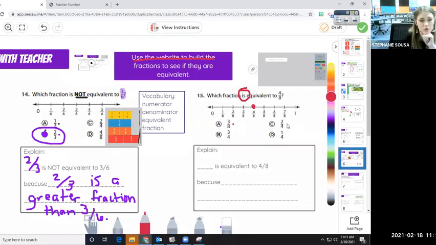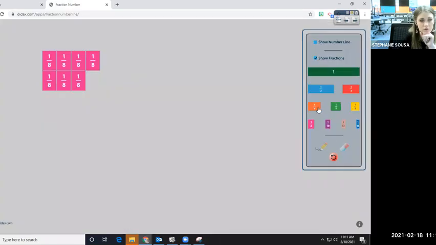Next one is 2/4. Let's build 2/4. 1 1/4, 2 1/4. Can it be? It can. 2/4 is the same as 4/8.